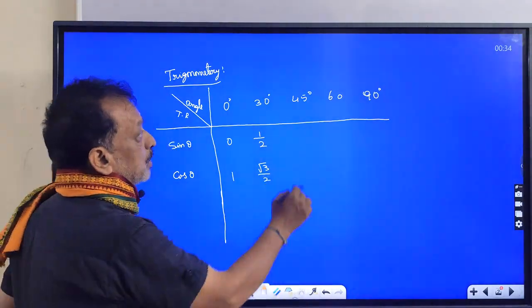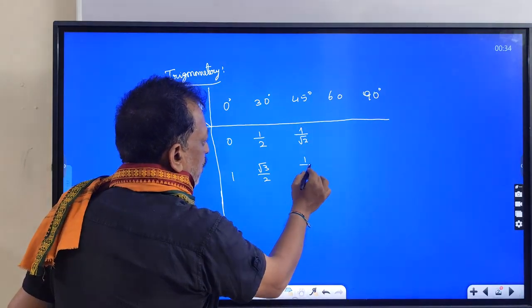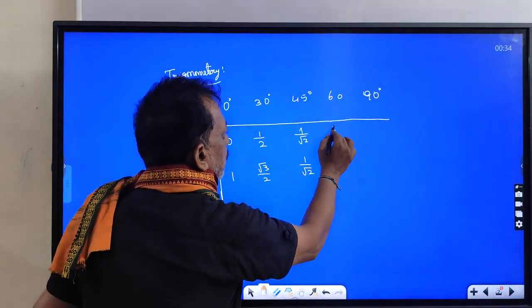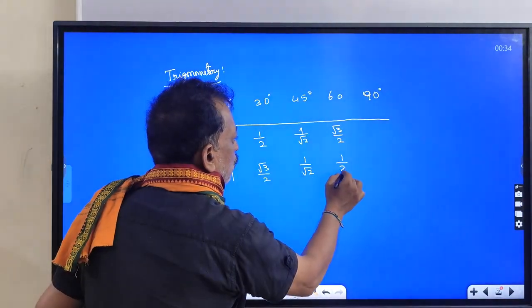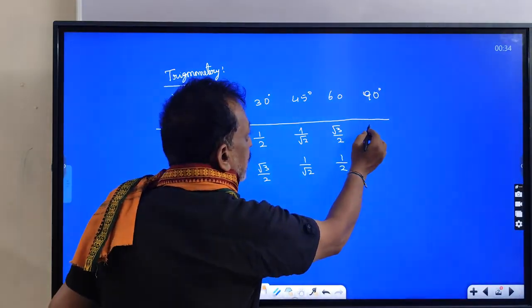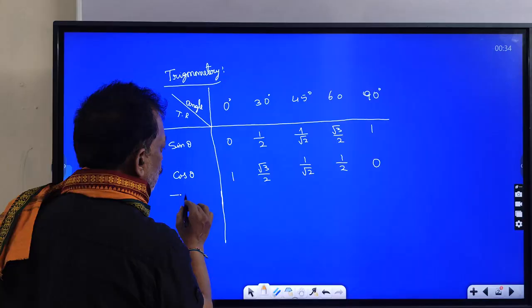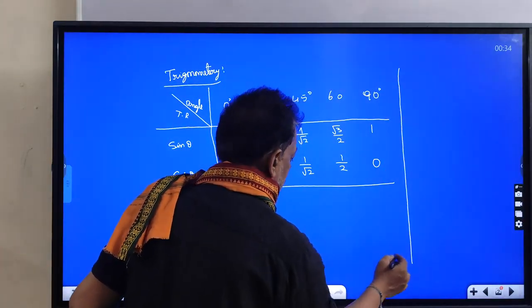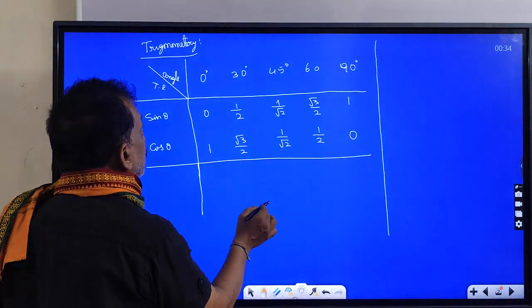Next, sin 45 is 1 by root 2, cos 45 is 1 by root 2. Sin 60 is root 3 by 2, cos 60 is 1 by 2. Observe it. Now sin 90 is 1, cos 90 is 0. Once you know these two, most of the trigonometric values are completed easily. How we are going to complete, I will tell you.